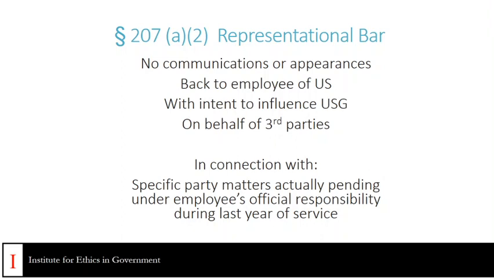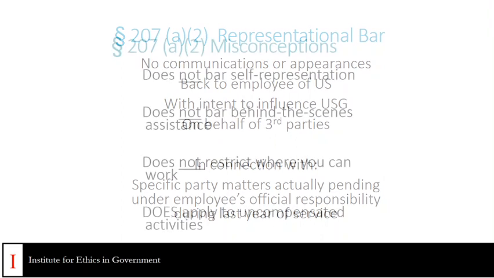As was the case with (a)(1), these communications or appearances have to be in connection with specific party matters. For (a)(2), it has to be specific party matters that were actually pending under the employee's official responsibility during the last year of service.